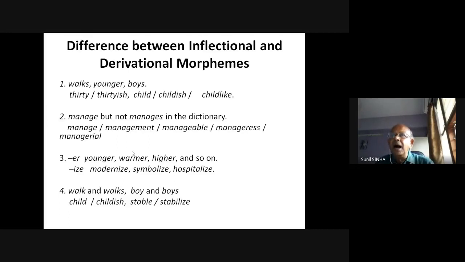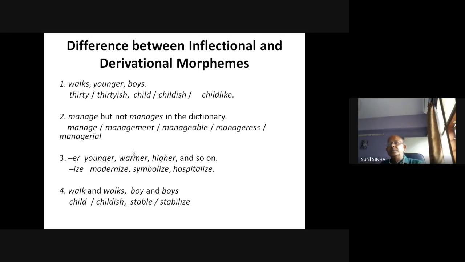Now add -ize to hospital, and you get hospitalize. Now the meaning is entirely different here. The meaning of -ize in modernize is to make modern. Now we cannot say hospitalize means to make a hospital. The meaning of -ize in symbolize is to act as a symbol.